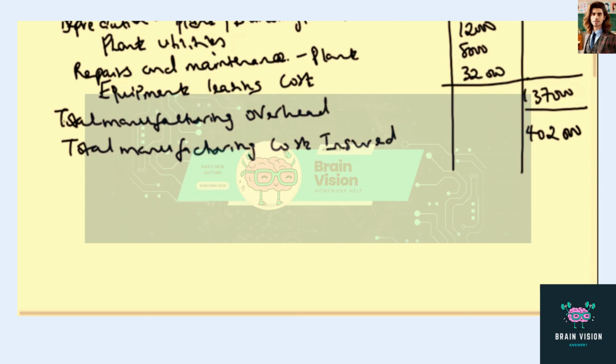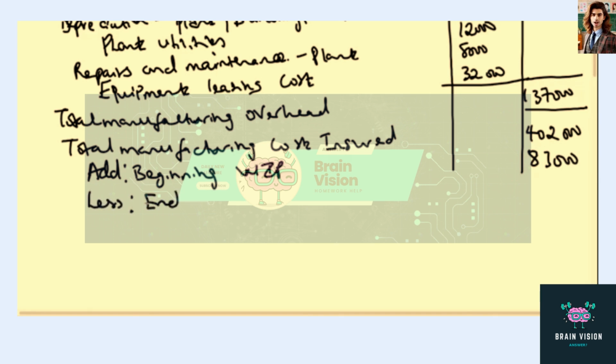So now we're going to add the beginning work in process, and that's 83,000, and then less the ending work in process, and that's minus 72,000.